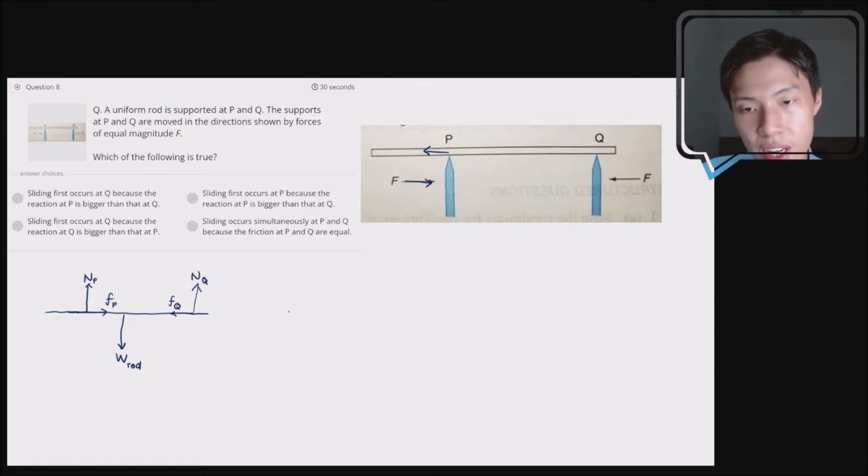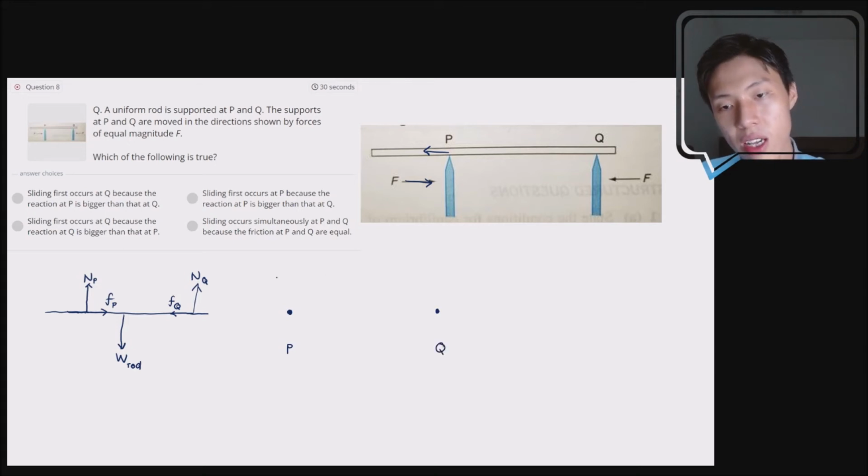Okay, if you look at the support, this is support P, this is support Q. What you know is that there's an external force exerted on the support P while it is there to overcome the static friction experienced at point P. Okay, let's call it friction exerted by the rod.